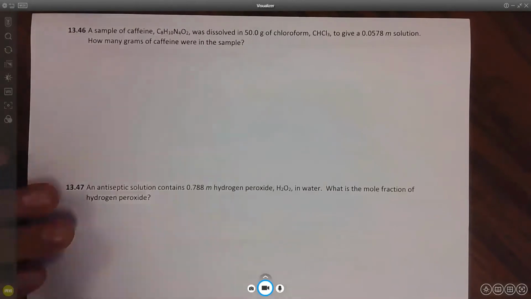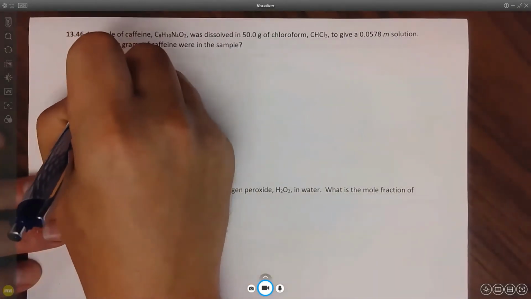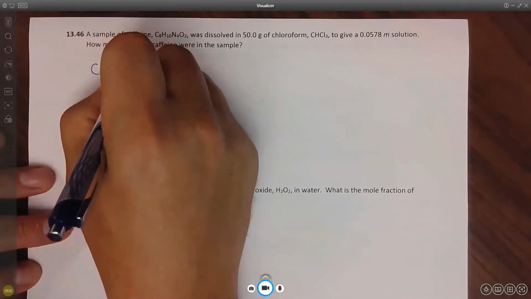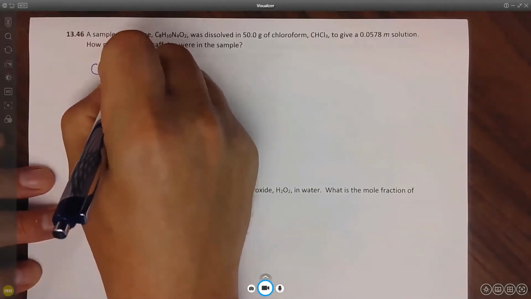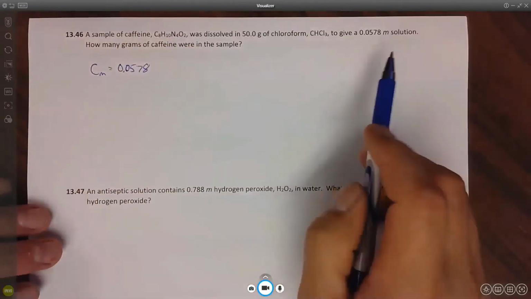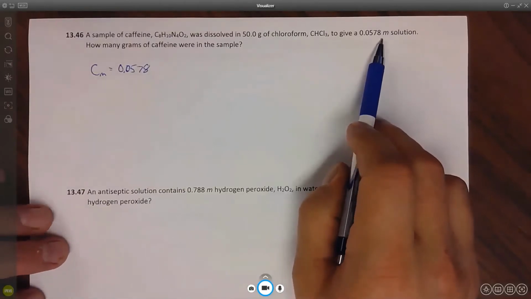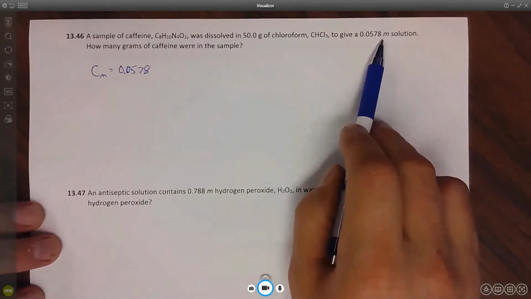Okay, so what am I going to do here? What do I know? I know that the molal concentration was 0.0578 molal. Let's see where we're at. Michael, what does this lowercase m represent for this number?